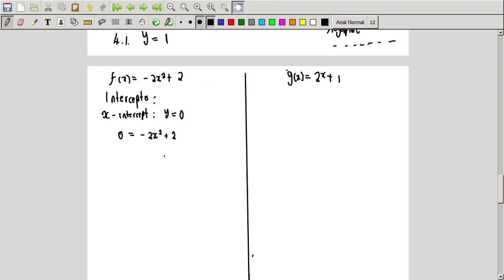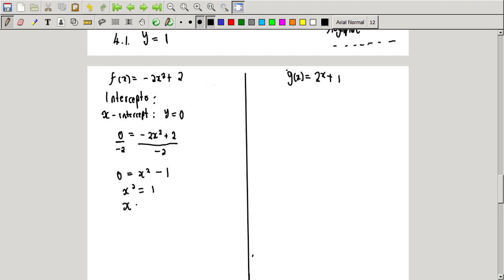Okay, so now I can divide the whole equation everywhere by -2 because I just don't want this negative. So x squared minus 1. Adding 1 on both sides, we remain with x squared is equal to 1.